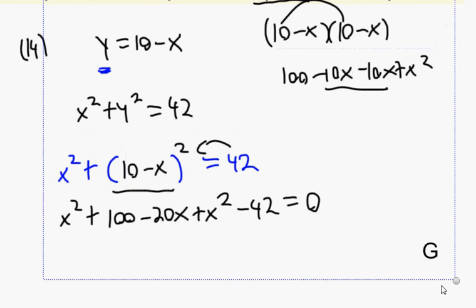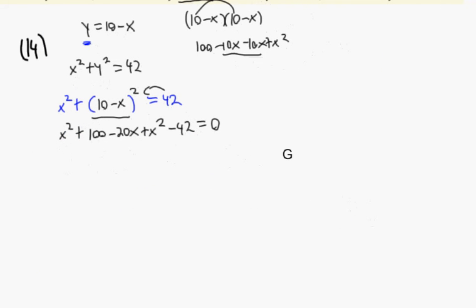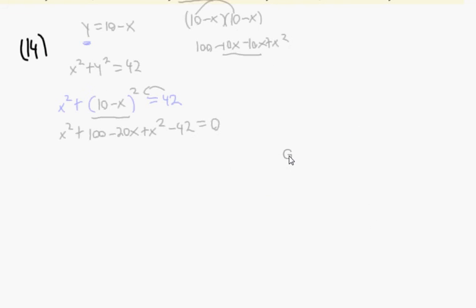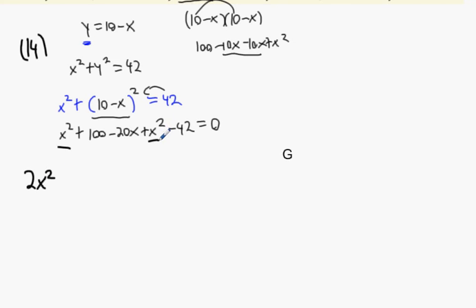Okay, so what we do next, guys, is we form the quadratic equation, and what Sam said was true. It's 2x squared, because it's x squared plus the other x squared. Then minus 20x, plus 100 minus 42, plus 58, equals 0. Now, you can divide by 2 if you want.